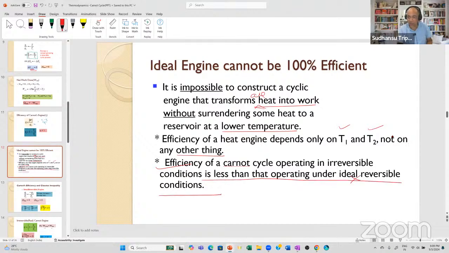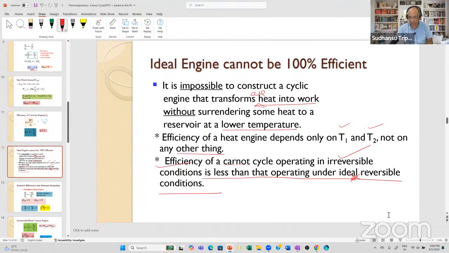So this is a misnomer. This is a reality. You will find the efficiency will be further less. Whatever the efficiency, 1 minus T2 by T1 is the efficiency when idealized, but idealized means reversible. If it is irreversible, then it will be further less than that. That I have written here.